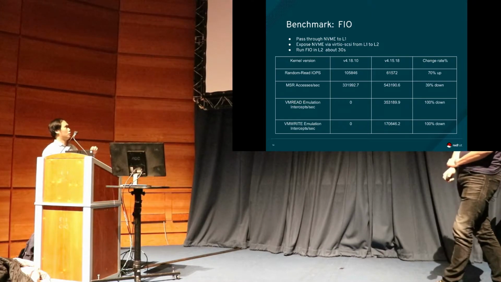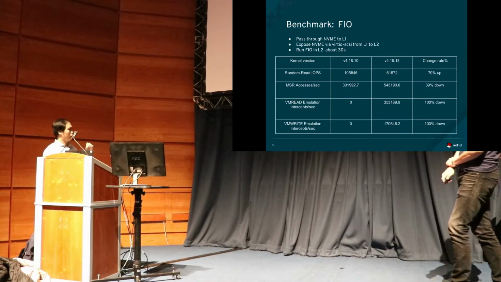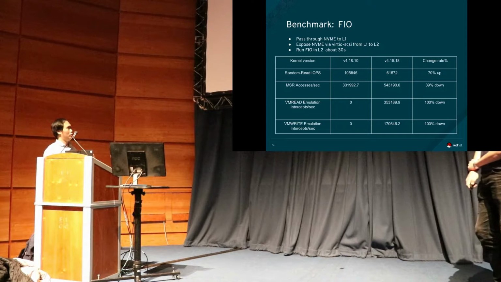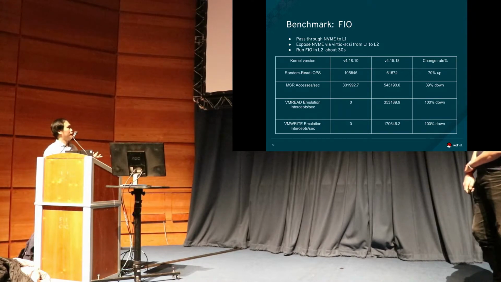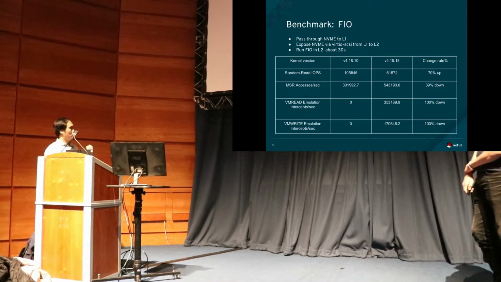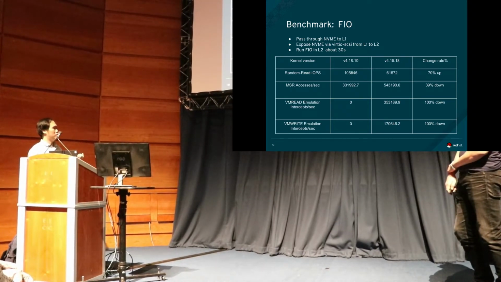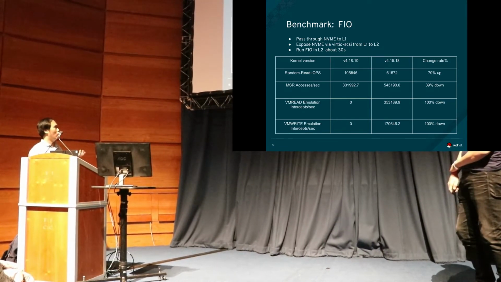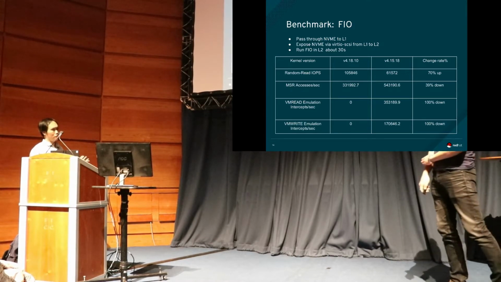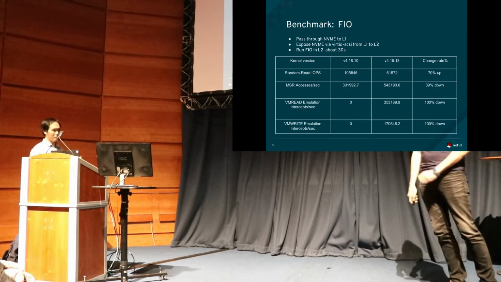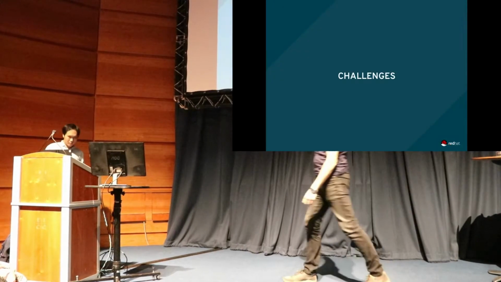The average I/O storage performance goes up about 17% in our test environment. Most contributions come from the MSR emulation and the VMREAD/VMWRITE emulations. The MSR access has dropped about 39%, and with the Enlightened VMCS, all the VMREAD/VMWRITE will not cause a VM exit. Yeah, okay. Thank you.